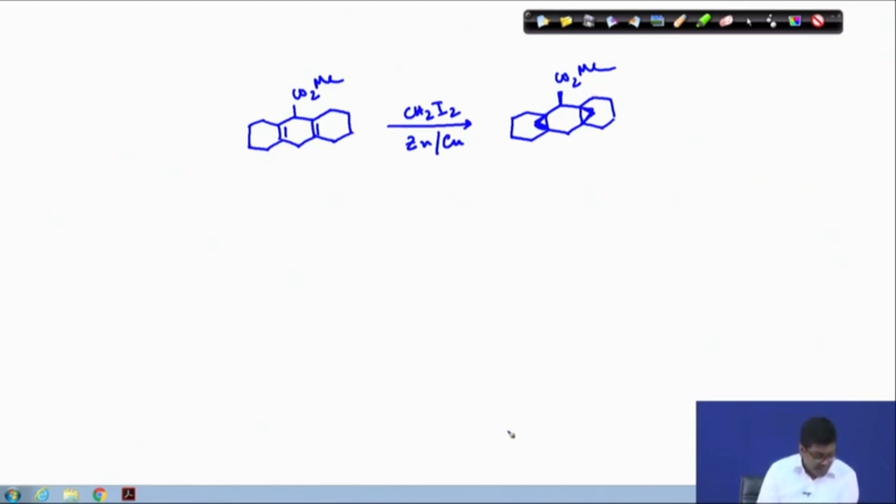Okay. But if we see that if there is nothing to guide, I mean there is no heteroatom or no such kind of guiding group, then what will be the consequence? Okay.